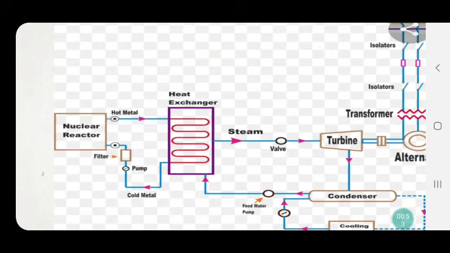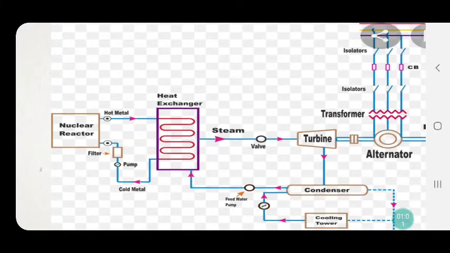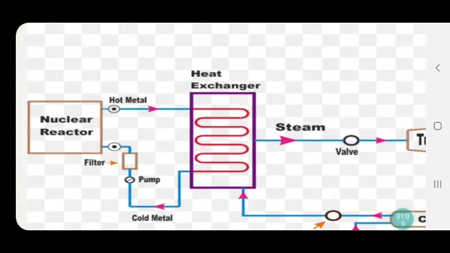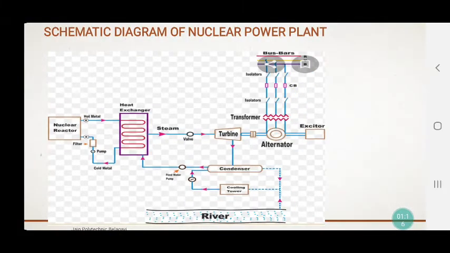First of all we will start with the nuclear reactor. The nuclear reactor consists of fuel, which is uranium. The fuel which we are using is uranium 235. In this nuclear reactor the fission process of uranium takes place.